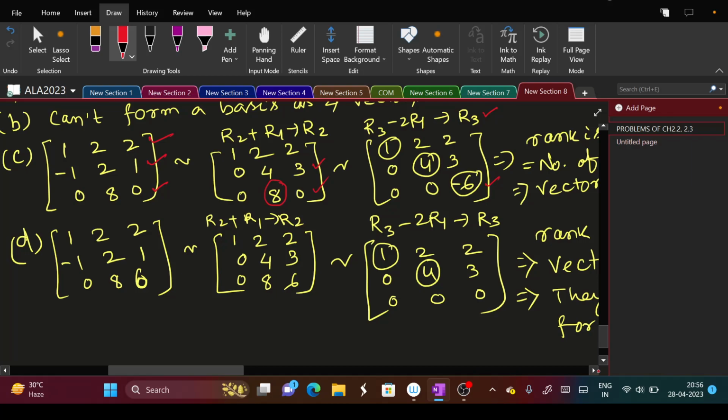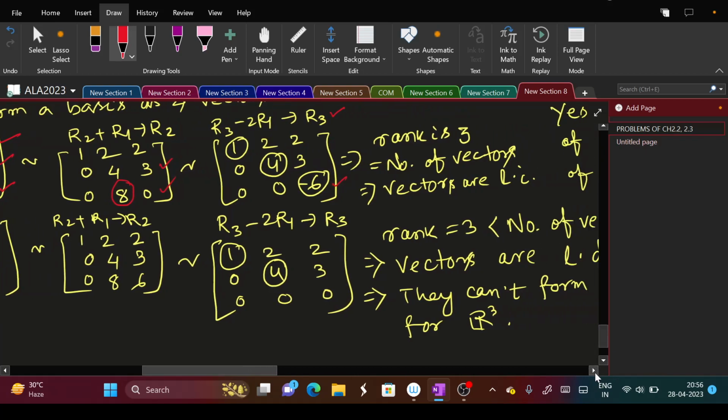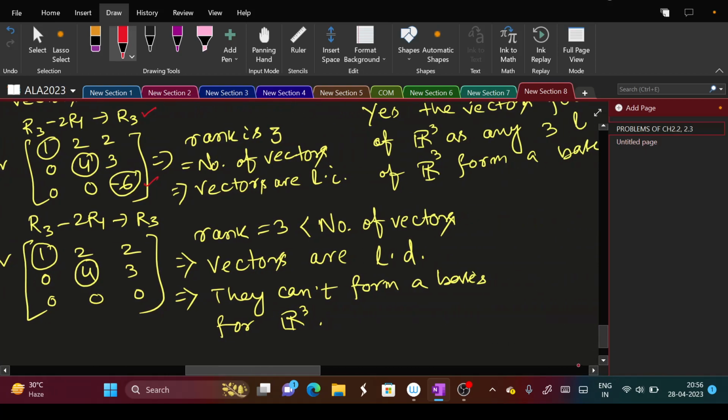As one of the pivots is missing, rank is equal to 2, which is less than the number of vectors. Hence the vectors are linearly dependent, and any linearly dependent vectors cannot form a basis. Hence they cannot form a basis for R cube.